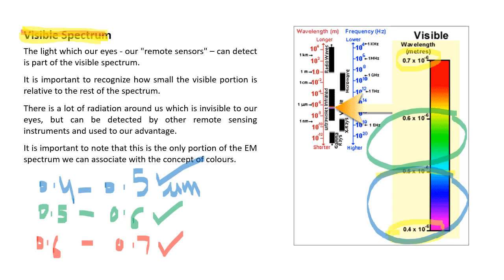Remember, it's continuous, easy to remember: 0.4 to 0.7 is the visible part.